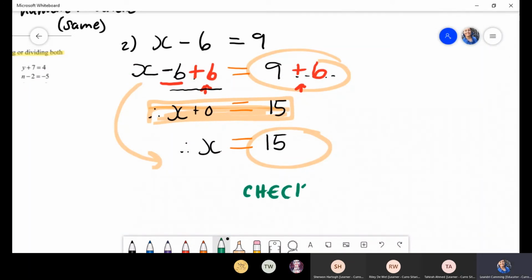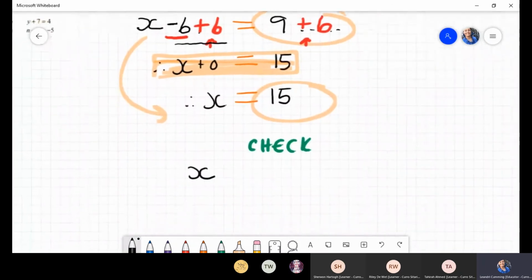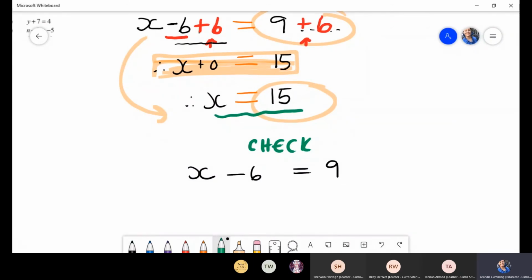and to check means to check that the left-hand side will be equal to the right-hand side. That's how you are going to check. How do I check? I insert and substitute my new value that I found. I go back to my original equation, which was x minus 6 is 9, and I substitute my newly found value into the position of x.